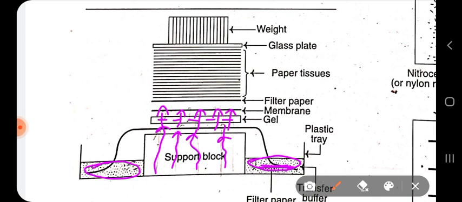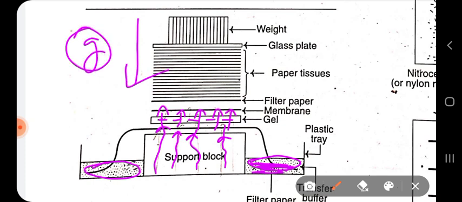the buffer present here, due to the presence of the load, moves upwards, and when it is moving upwards, it is also entering the gel.